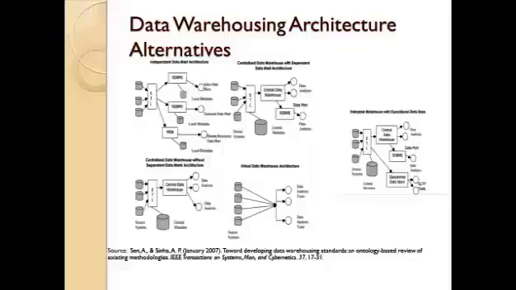For instance, on the left-hand side, you have some companies that have only data marts. It is labeled as independent data mart architecture. That is, you have all kinds of data marts for different departments, for the accounting department, HR, purchasing department and so on, that are not integrated, that do not follow a particular architecture or blueprint.